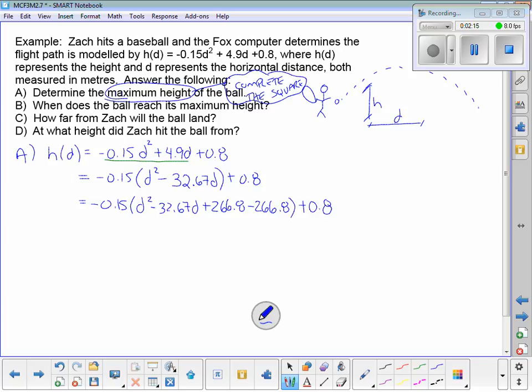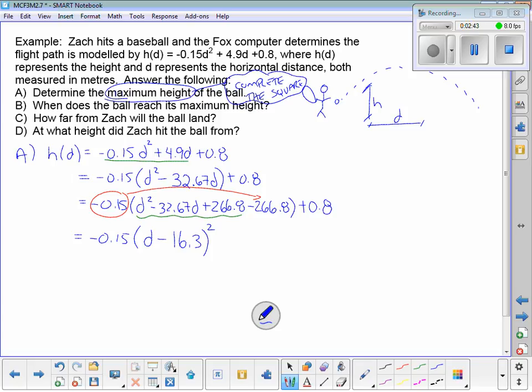Plus 0.8. Those first three terms result in a perfect square. So the bracket would be D minus half of the 32.67. So 32.67 divided by 2 ends up being, let's call it, 16.3. Remember that the negative 0.15 has to multiply that last term.